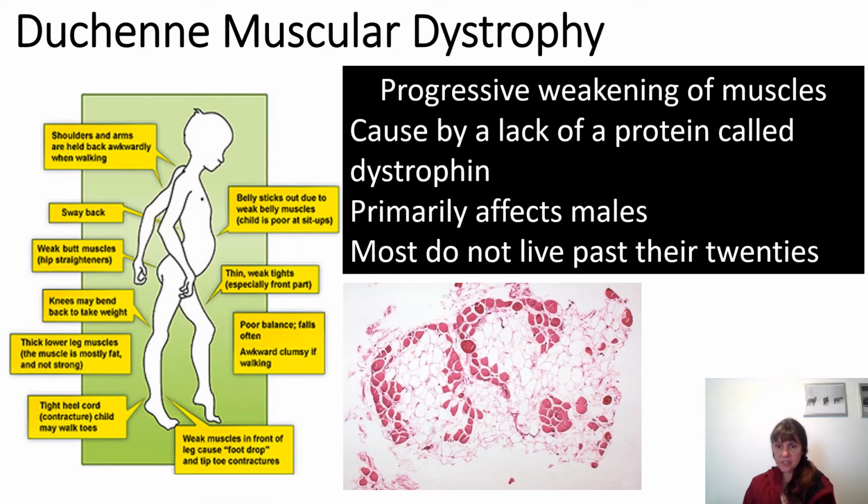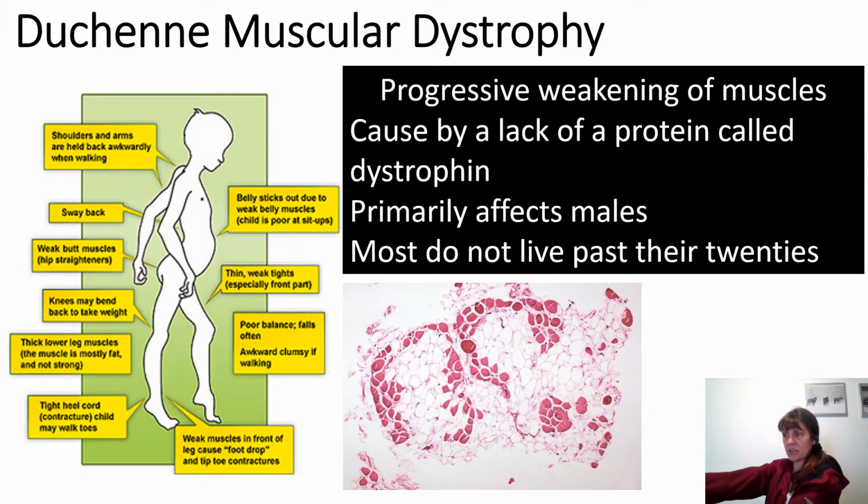We discussed earlier the fact that there is a special protein called dystrophin that anchors the myofibrils to the sarcolemma of the muscle fiber. Imagine my arm in my sleeve as a myofibril and the sleeve being the sarcolemma.